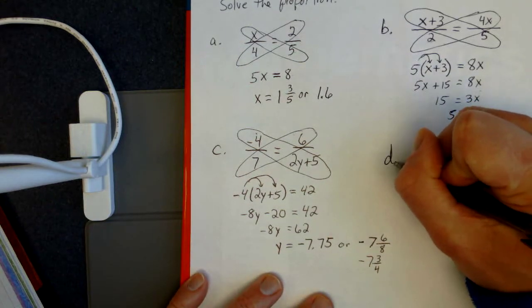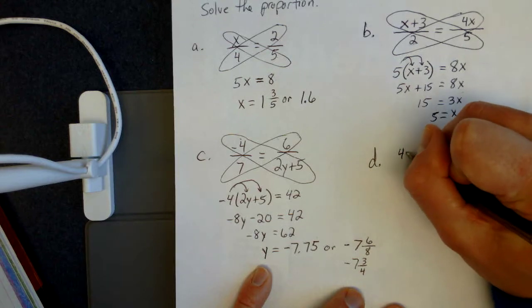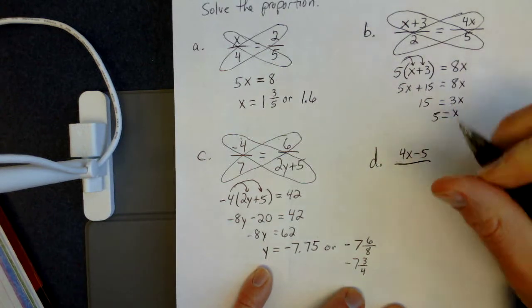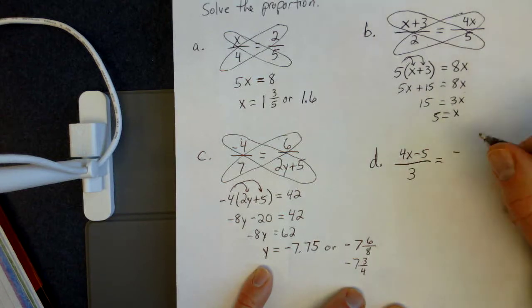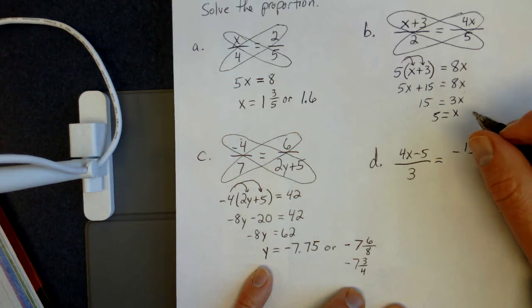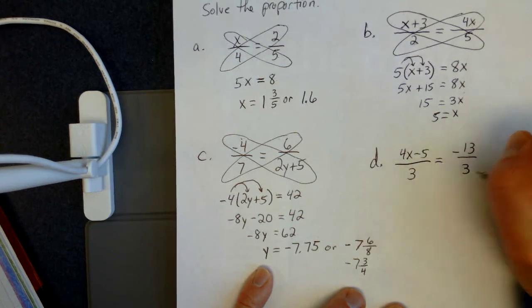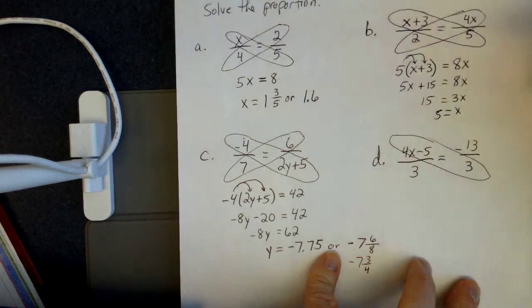All right, one last one, just so we make sure you got it here before we turn you loose. Let's take 4x minus 5 over 3. That's going to equal negative 13 over 3. And we'll do the cross multiplying again.